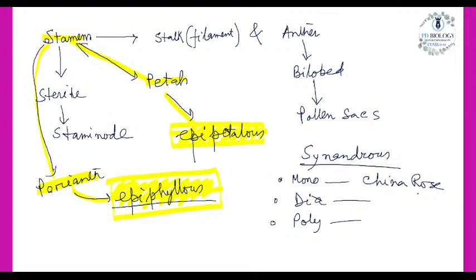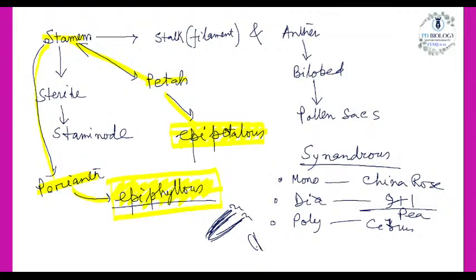Diadelphous stamens are united into two bundles, that means 9 plus 1 arrangement, in case of pea. One is associated with 9, another is the 1. So that is the two bundles, that is diadelphous. Polydelphous stamens are united into more than two bundles, that is in the citrus.